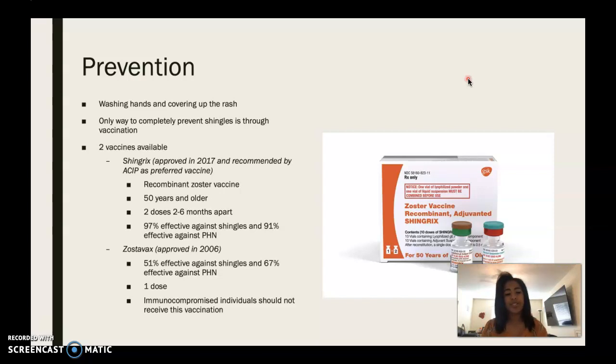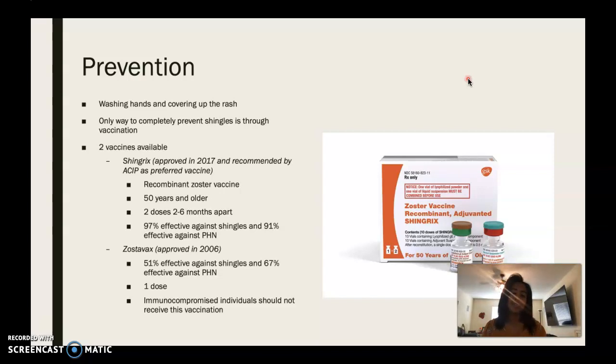Shingrix was approved in 2017, and it is now recommended by the ACIP as the preferred vaccine. This vaccine is a recombinant zoster vaccine, and the DNA is injected directly into the host. It is recommended for those that are 50 years and older, and there's 2 doses for it, and these doses have to be around 2 to 6 months apart. It is 97% effective against shingles and 91% effective against PHN.